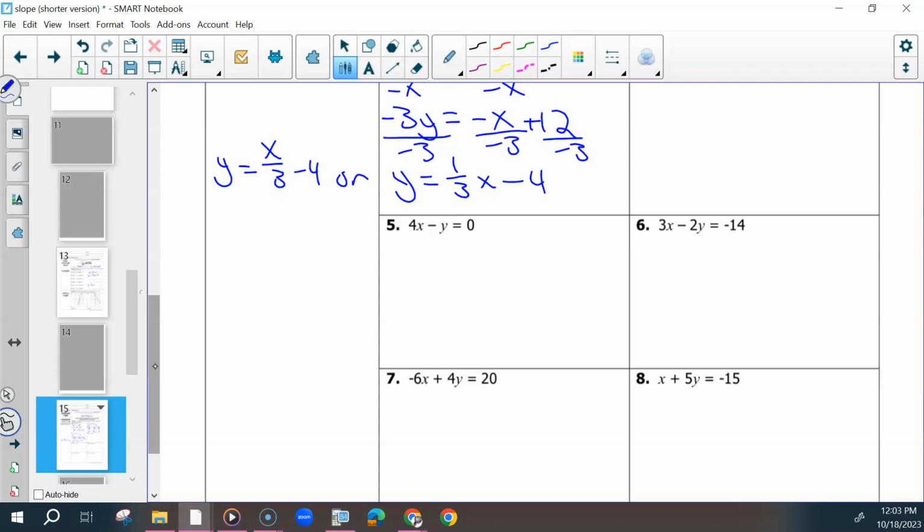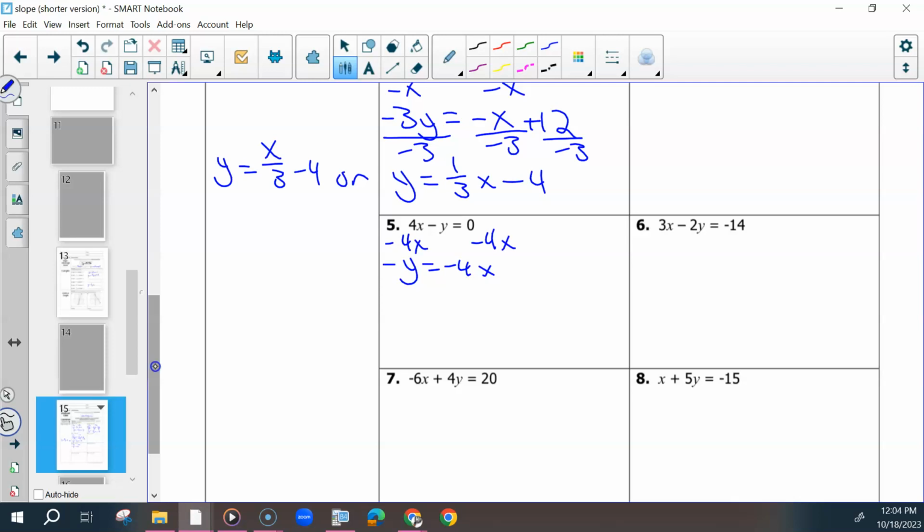Number 5. What's the first step? Subtract 4x. So we have negative y equals negative 4x, you can either leave the 0 or put it, doesn't matter. Does the y have to equal a positive, so we would divide it by negative 1? Correct.